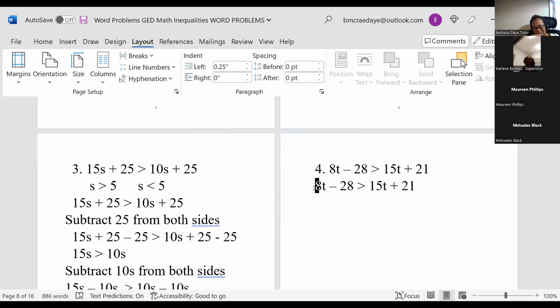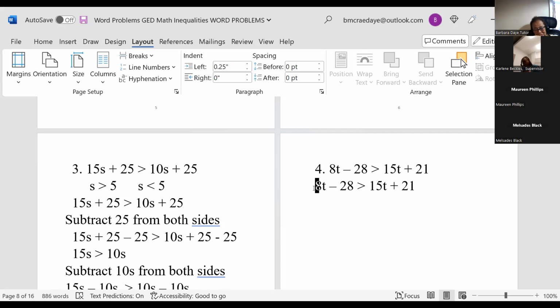Let me see what I wrote. 15t is a plus. I see 8t minus 28 greater than 15t plus 21. So what did you do as your first step? I'm putting the variables together. So how did you do that?